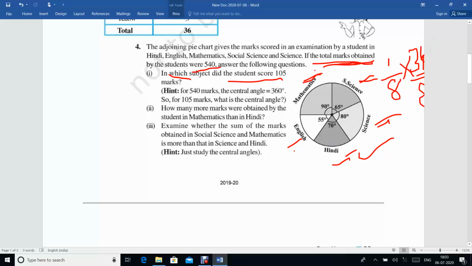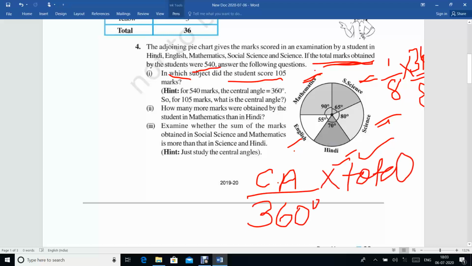Now in the question you are given the pie chart, so this time you have to apply the formula: central angle divided by 360 degrees multiplied by total marks.